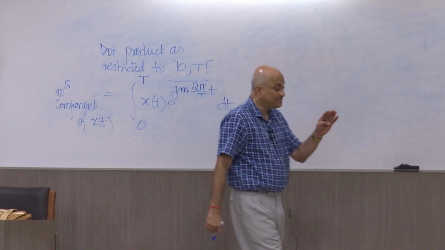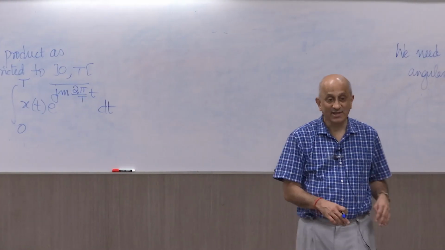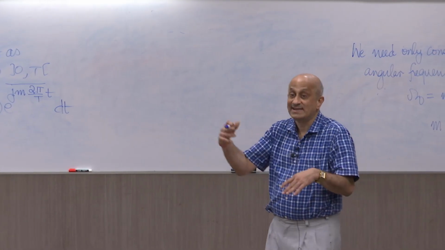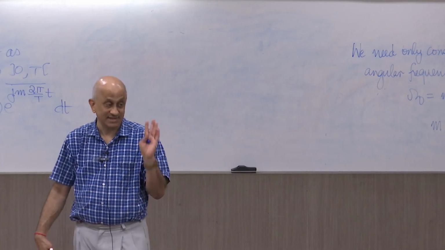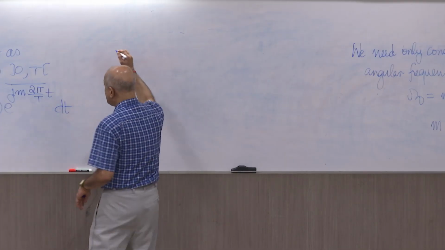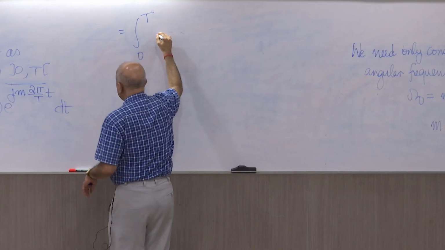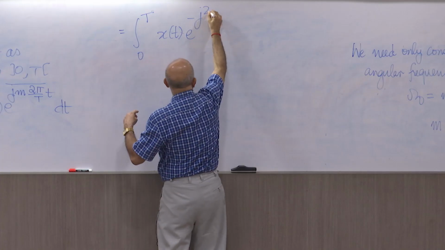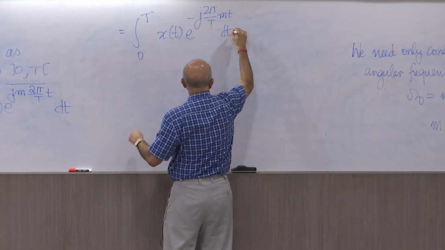It's the dot product between x(t) and this phasor with angular frequency 2 pi by t times m, the mth harmonic, so to speak. But m can have both positive and negative integer values. So what is this mth component? It is the integral from 0 to t of x(t) e raised to the power minus j m 2 pi by t times t, because it's a complex conjugate.